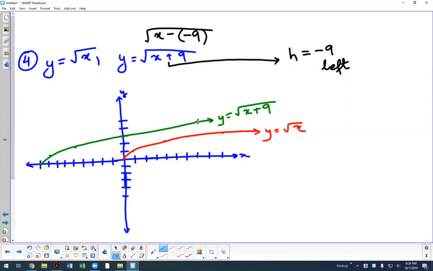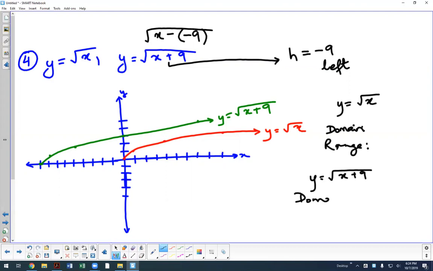So just like we did domain and range for the other functions, what will our domain and range be for both of these guys here? For the original base function, square root of x, what's our domain? 0 to infinity.